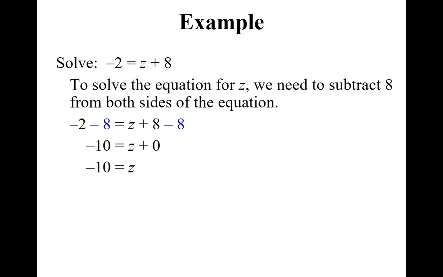And most of the time, we're not going to go through the steps of checking the solution to see if it works. The check is always left to the student in most cases. So feel free to check negative 10 in that original equation and make sure that it works.